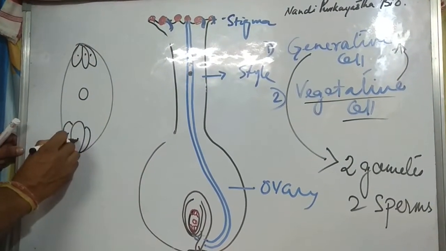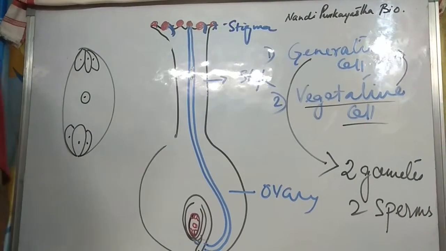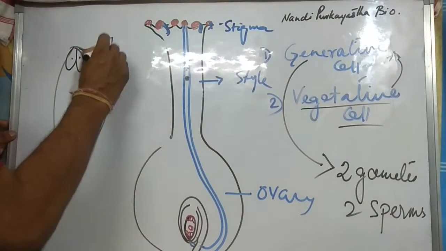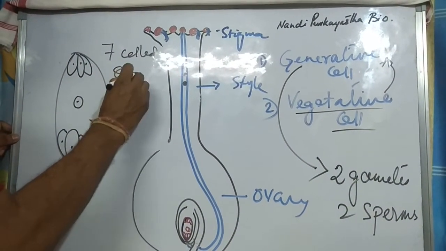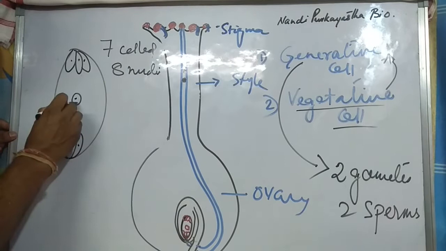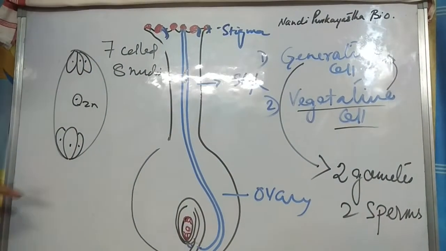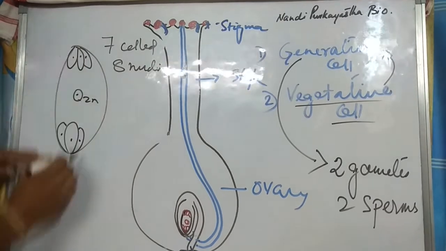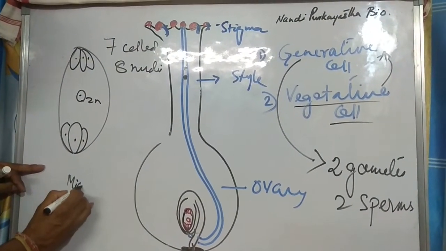Can you get it? 1, 2, 3, 6, 7. But 7 cells, 8 nuclei. This is the condition, 7 cells. But how many nuclei? 8 nuclei. Because here fission of 2 nuclei, it is twice. Others are n. So this position that I told, this part is called micropyle.